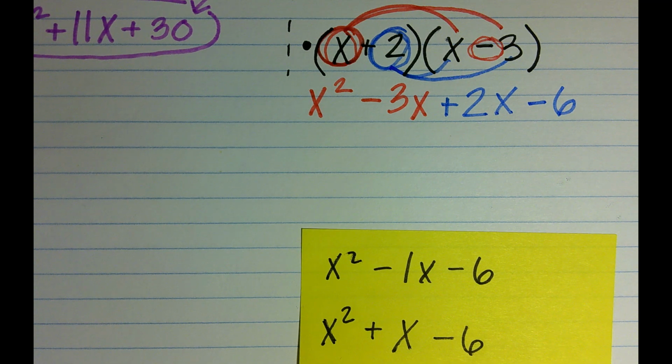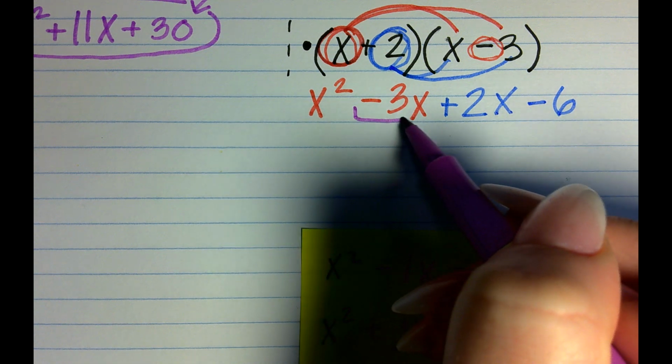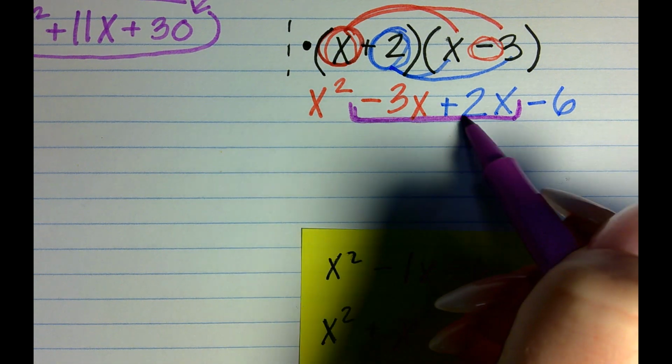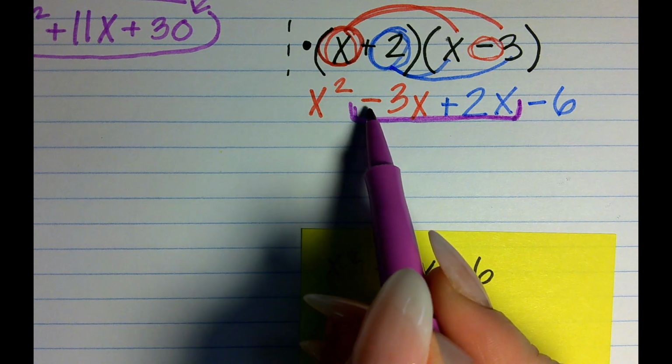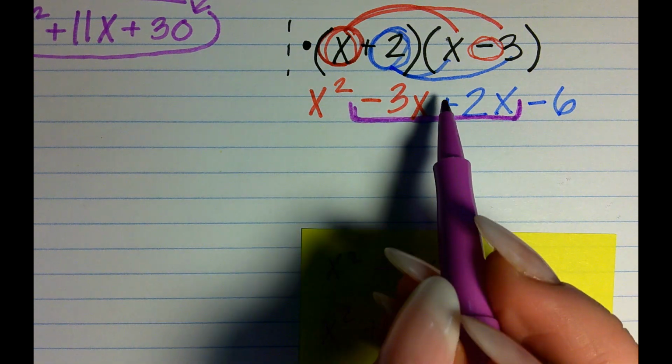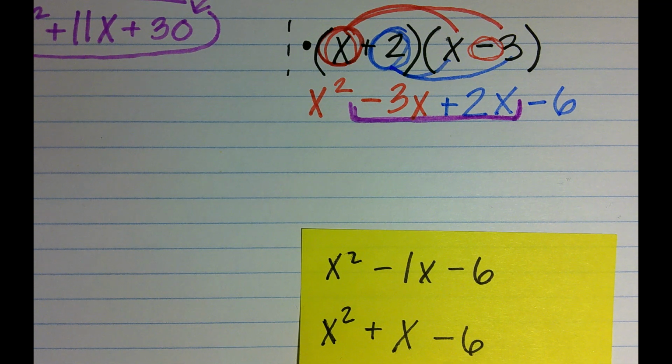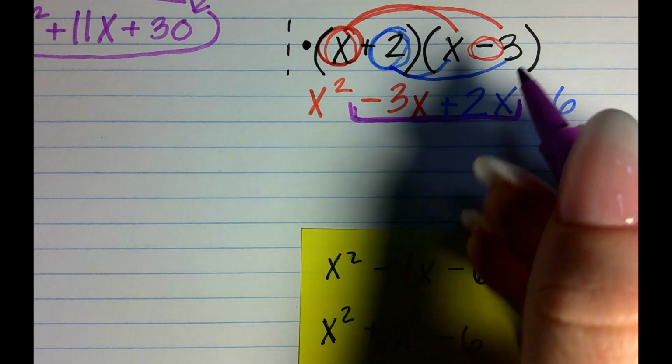What do I need to do next? Combine negative 3x plus 2x. Now we combine our like terms, and here I have negative 3x and positive 2x. Negative 3 plus 2 is negative 1.